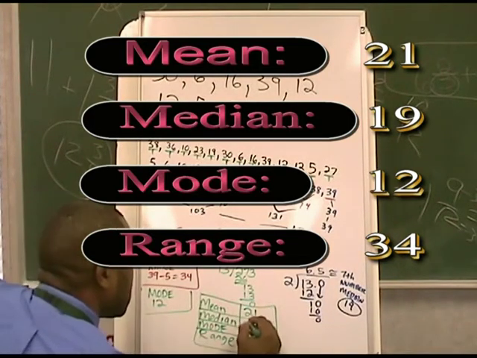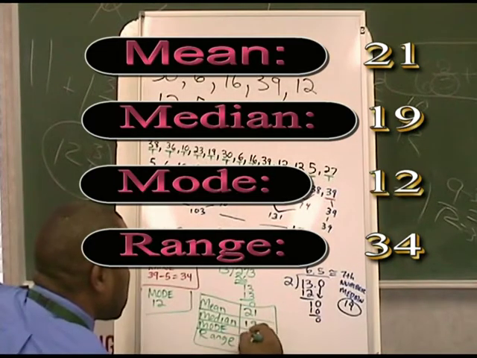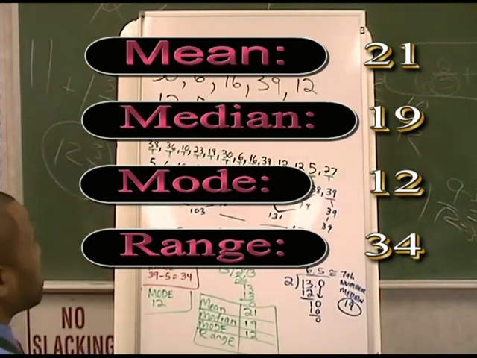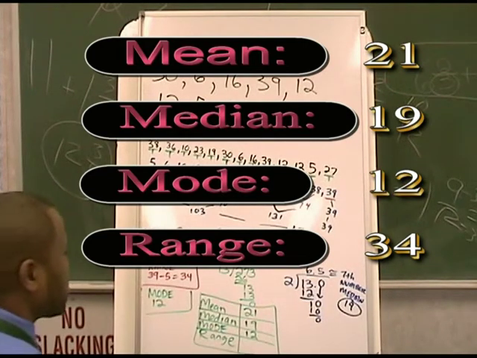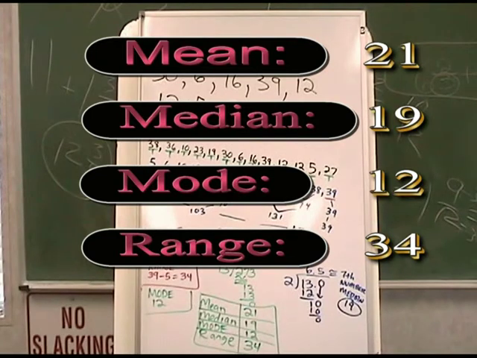Our median is 19. Our mode is 12. And our range is 34. There you have mean, median, mode, and range.